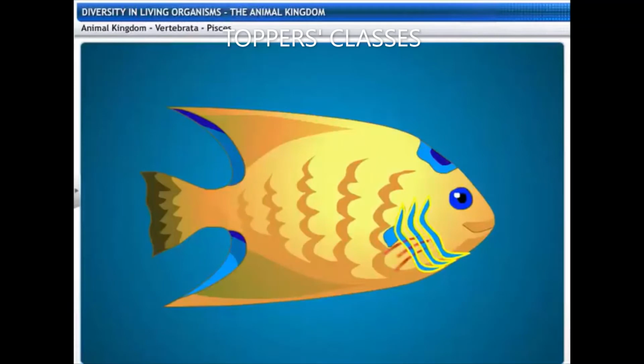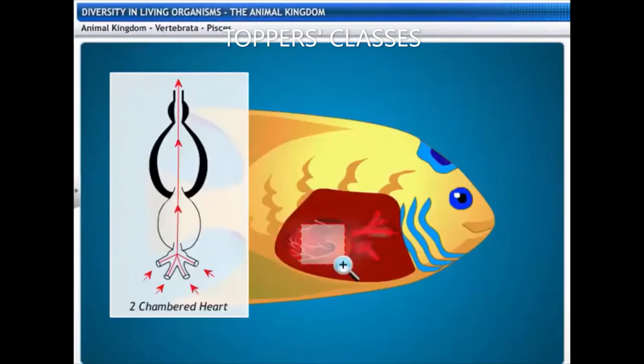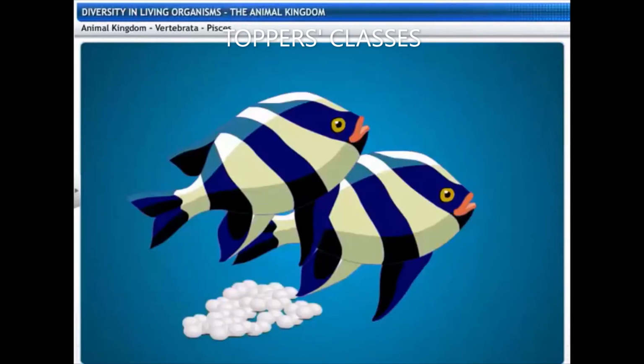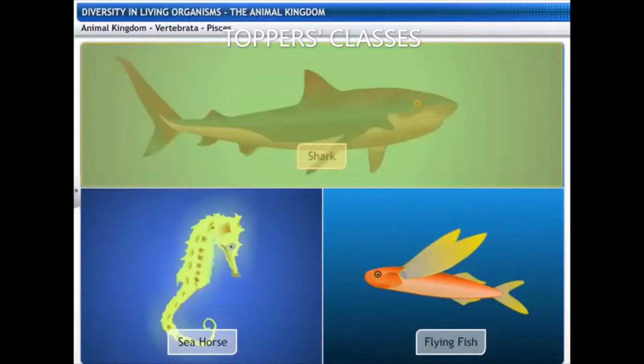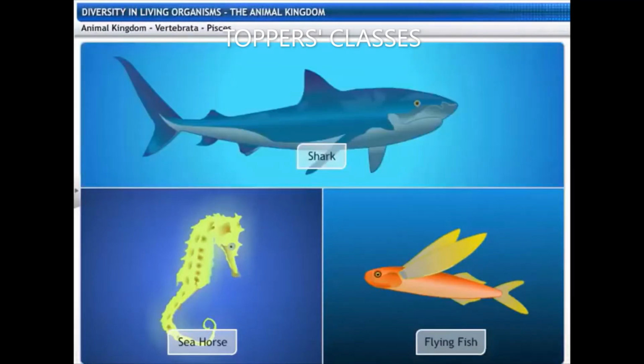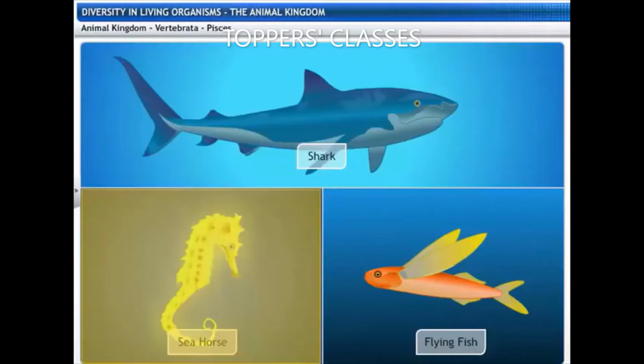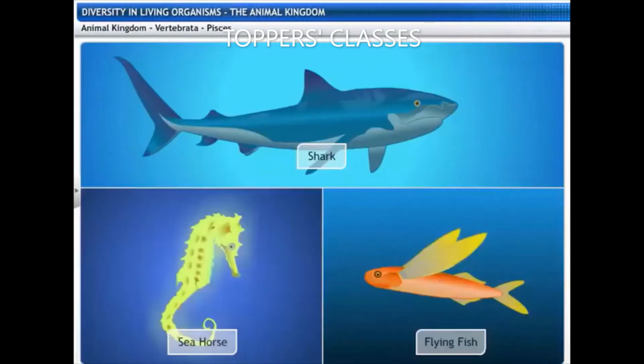Fishes breathe through gills, and their hearts are two-chambered. Fishes reproduce by laying eggs. Some fishes have skeletons made entirely of cartilage, such as sharks, and others have a bony skeleton, such as seahorses and flying fish.